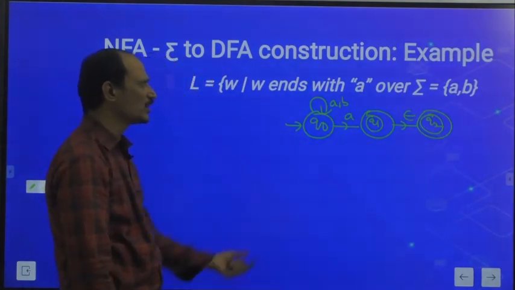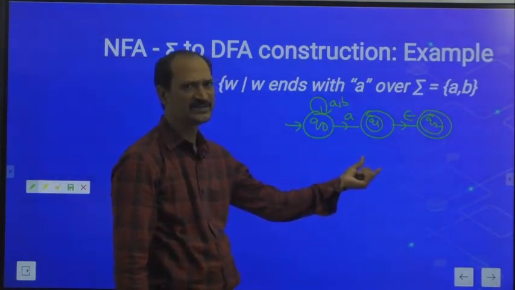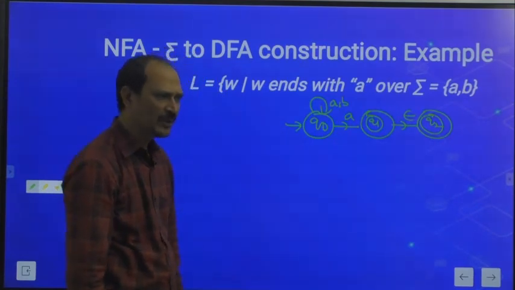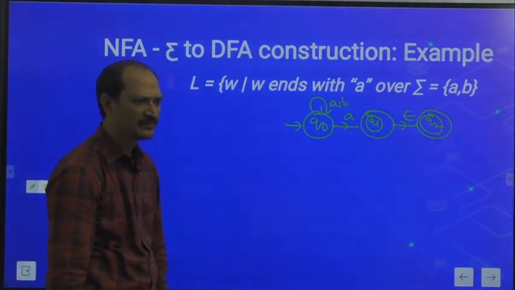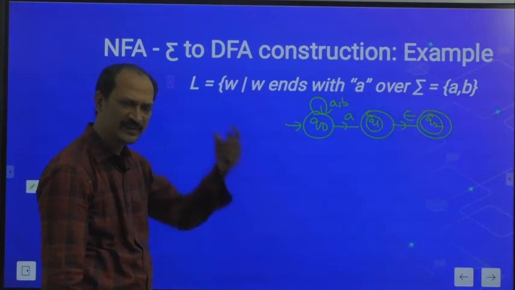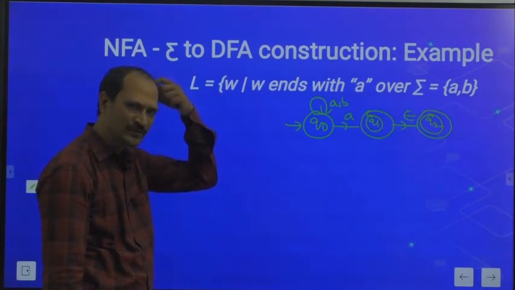Now I need to convert this NFA with epsilon transition to an NFA machine. To convert it, we are going to use certain formulas.